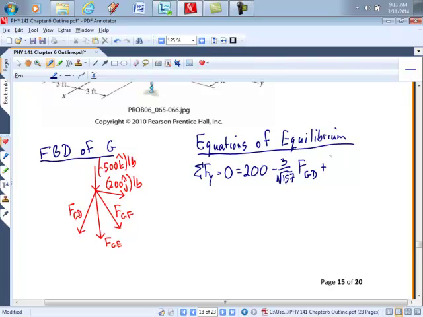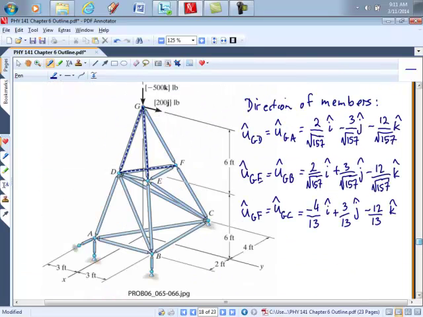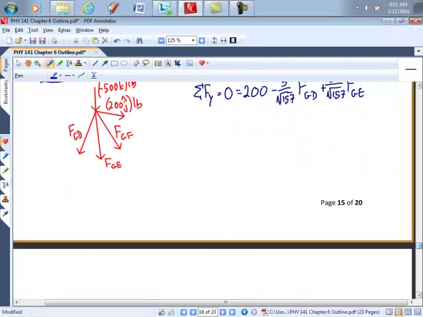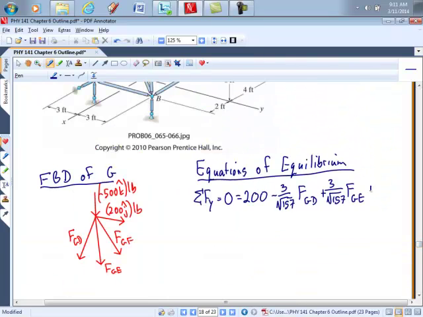And then I got plus 3 over root 157 FGE. And then the last one is plus 3 over 13 FGF.